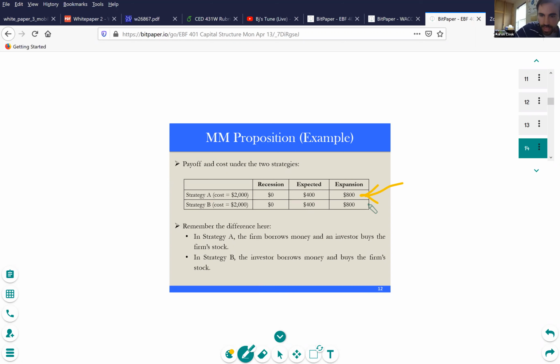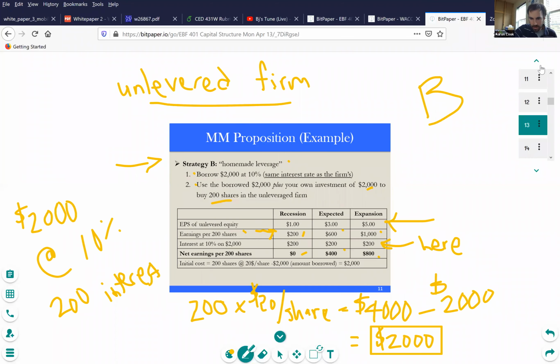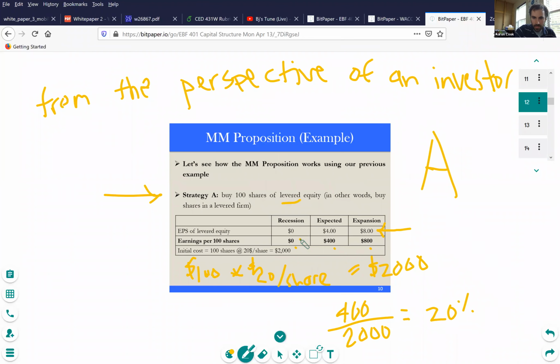We have strategy B, which, as it turns out, if we go back and look at these payoffs under each of these different scenarios, turned out to be identical. So the use of homemade leverage was able to perfectly replicate the returns of investing just in a firm that had done the borrowing itself.